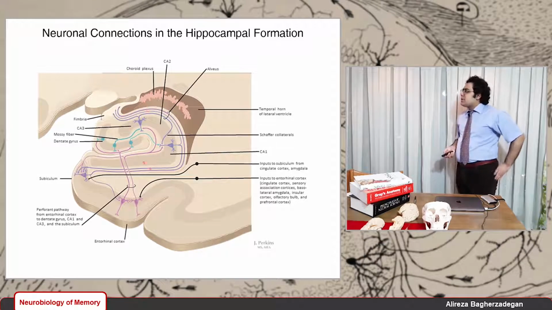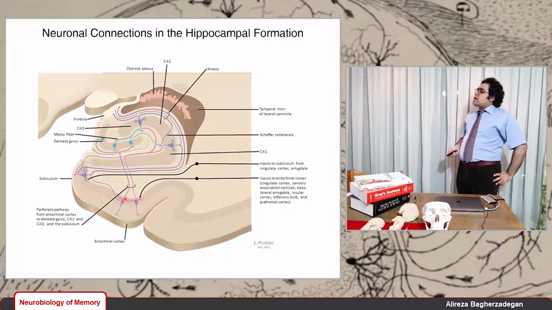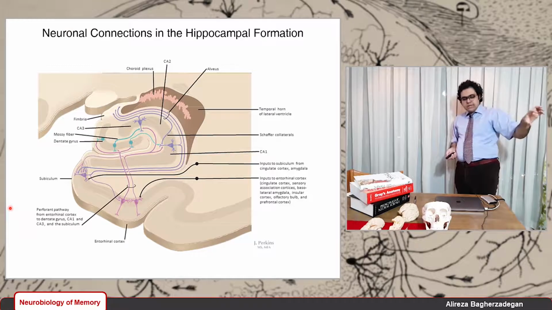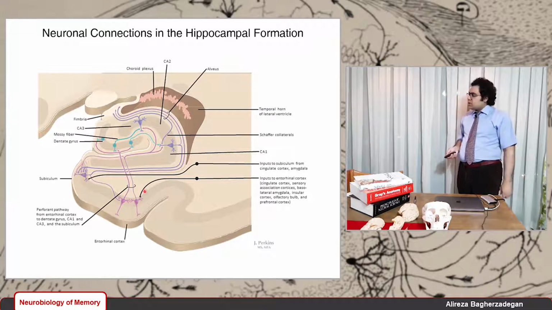Neuronal connections in the hippocampal formation. Well, we have different areas of the cortex. They all project to the entorhinal cortex and subicular cortex. From, for example, cingulate gyrus and amygdala to the subiculum, and from different areas of the cortex to the entorhinal cortex.